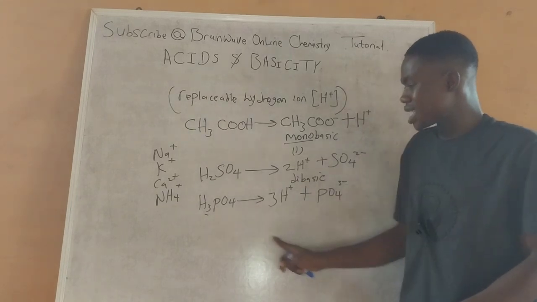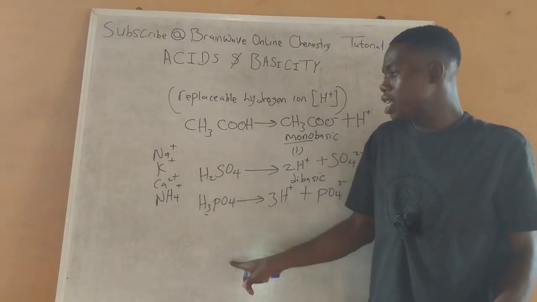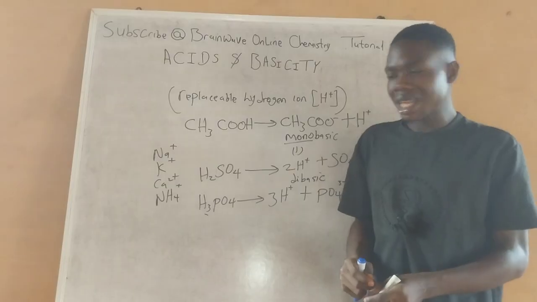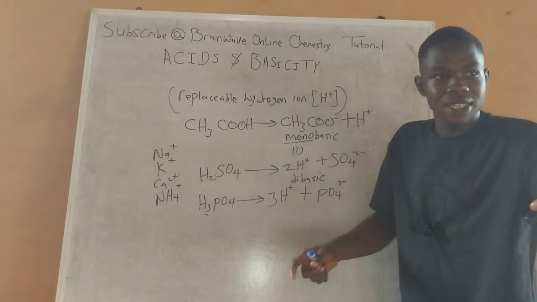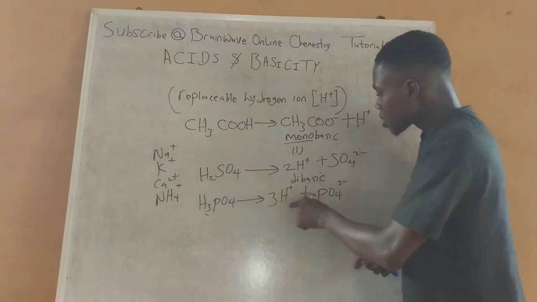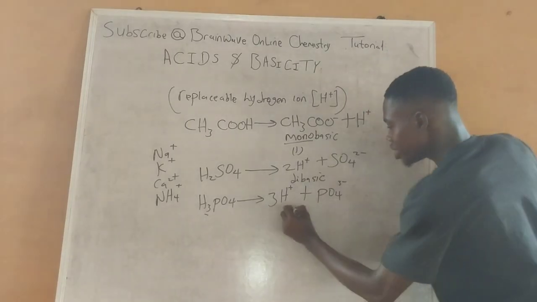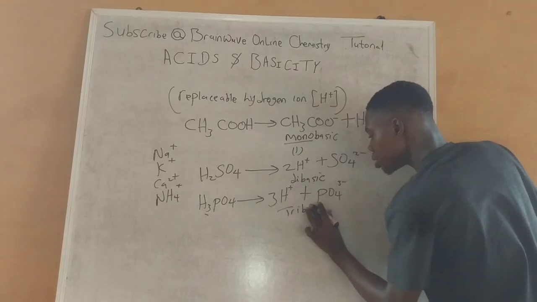If you look at this very well, it has 3 hydrogen ions, and the 3 hydrogen ions can be fully replaced either by metallic ions or ammonium ions. Since the 3 hydrogen ions are being replaced, we call it tribasic.